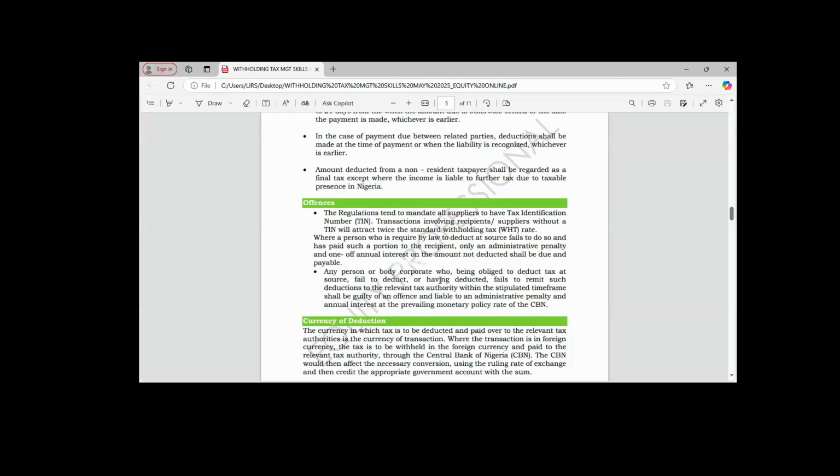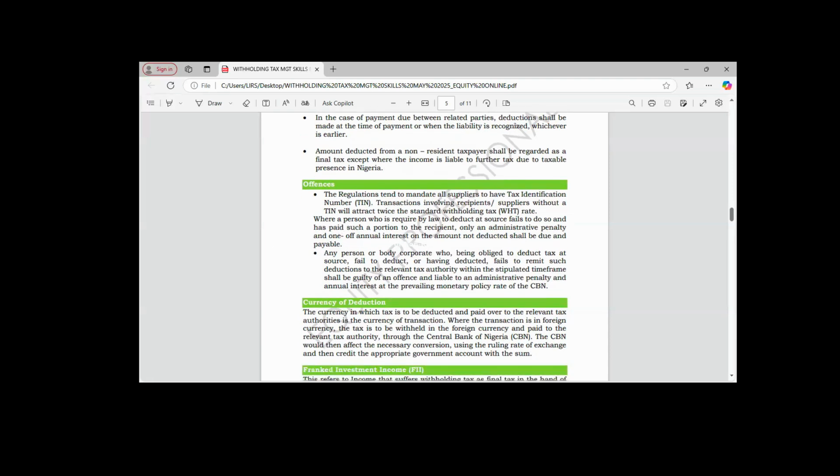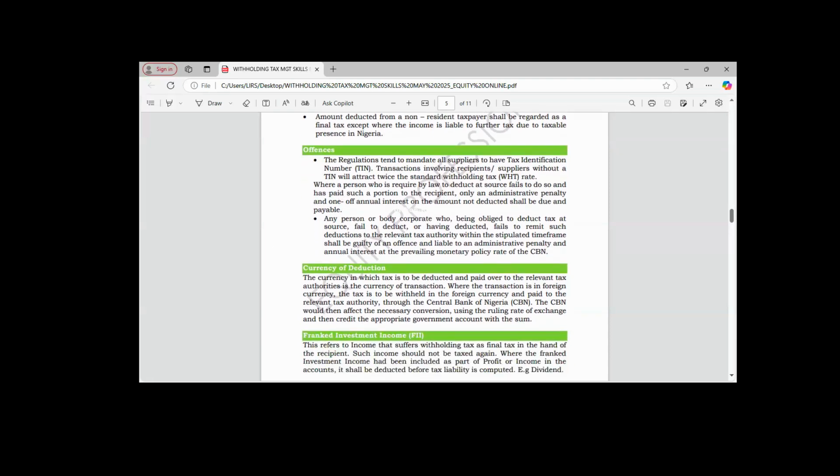You have deducted and you fail to remit. So you are going to be liable to the payment you deducted, and also liable to an administrative penalty plus interest at the prevailing monetary policy rate of the CBN.